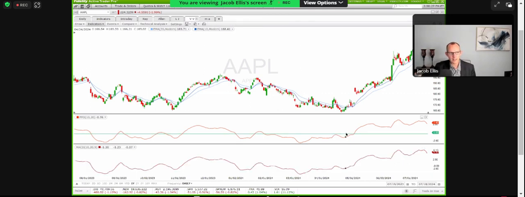The only reason the two lines are different is that the percentage price oscillator measures in percentage, whereas MACD measures in dollar terms per share.